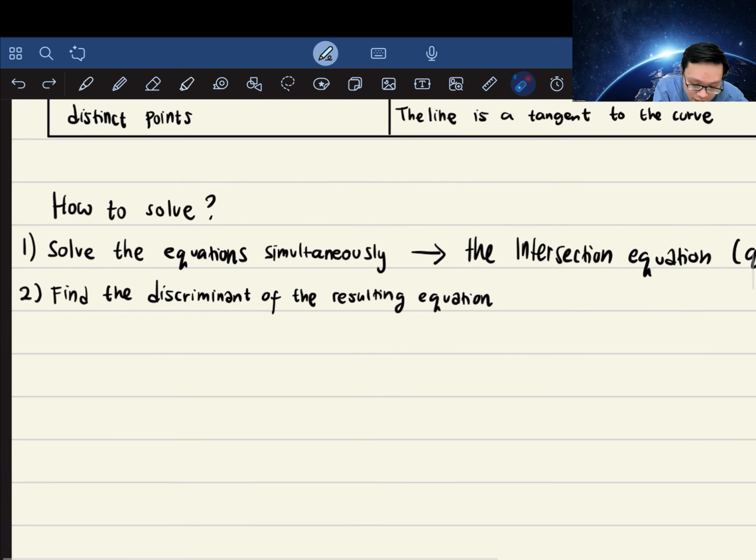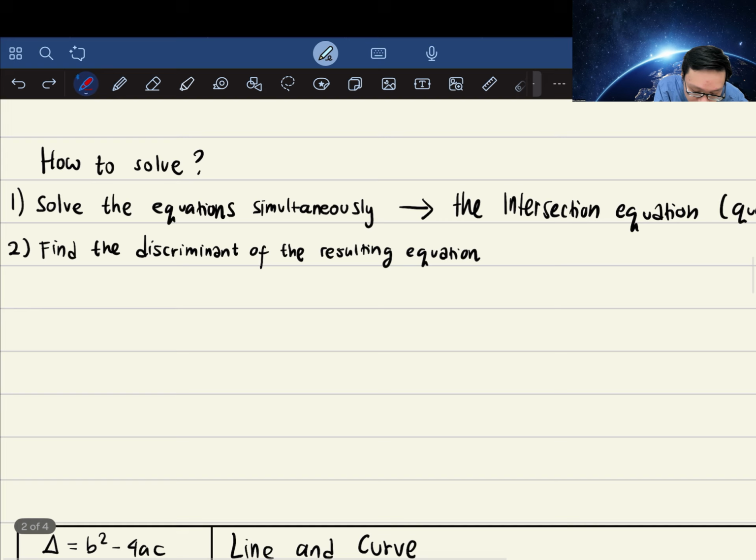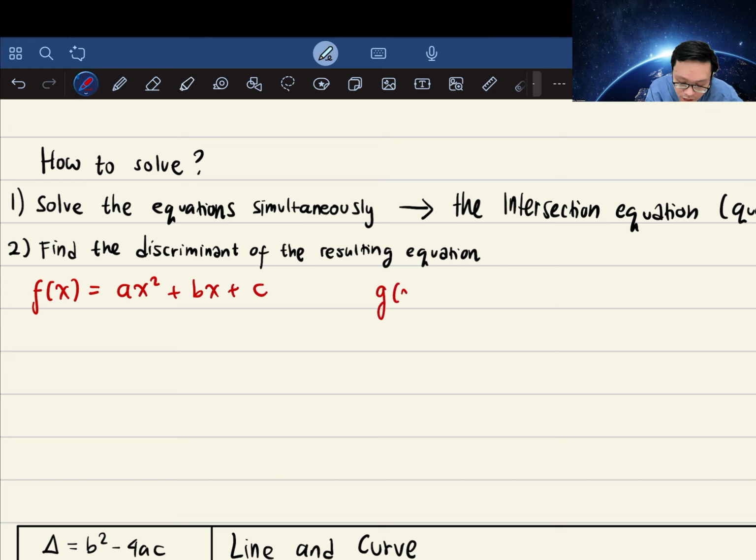So let's say I have two functions. f(x) is a quadratic, ax squared plus bx plus c. And the second one, g(x), is a linear function, let's say mx plus d, because we already have c there. So how do we know whether the quadratic function and the line intersect, touch at one point only, or don't intersect at all?